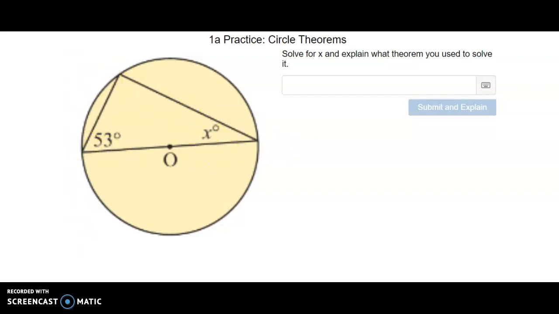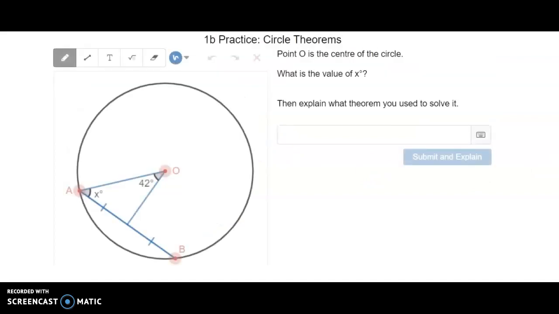I'll let you solve that. Now try this one on your own. It says point O is the center of the circle. What is the value of x? x is this angle here. Then explain what theorem you use to solve it.